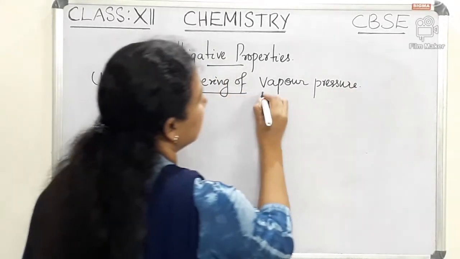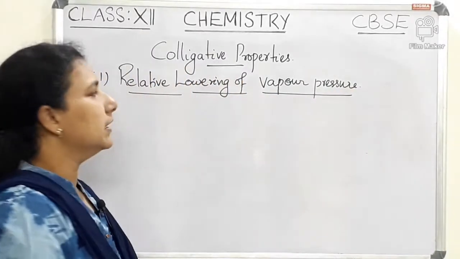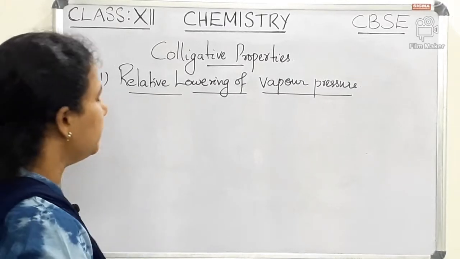So the first colligative property is relative lowering of vapor pressure.